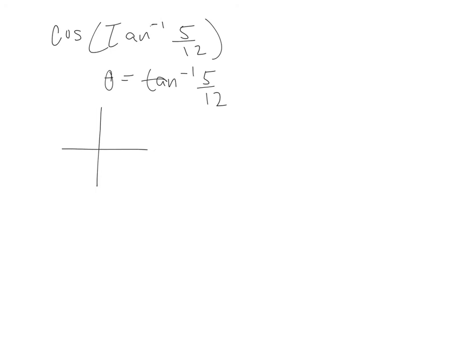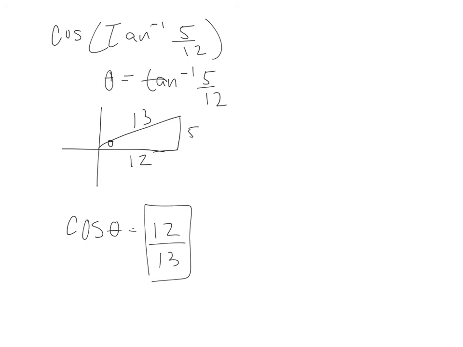If this is theta, we'll have to make this 5 and 12 because tangent is opposite over adjacent. So then this would be 13. And the question is just basically asking, what's the cosine of theta? And so cosine of theta is adjacent over hypotenuse, so it's just 12/13. And that's your answer.